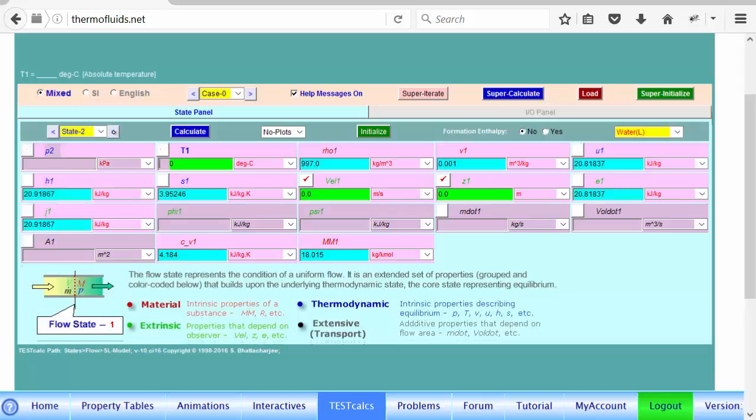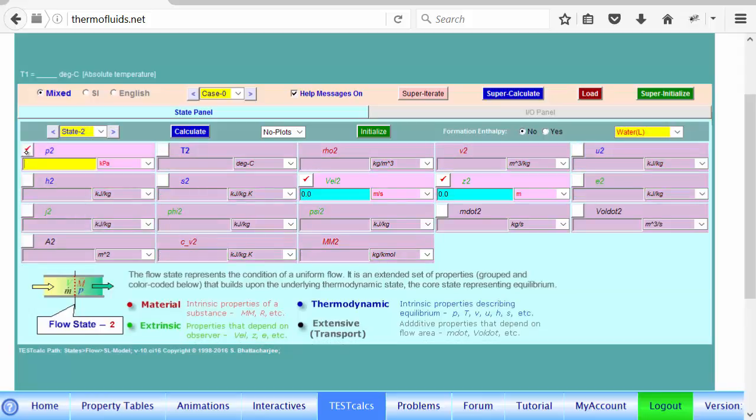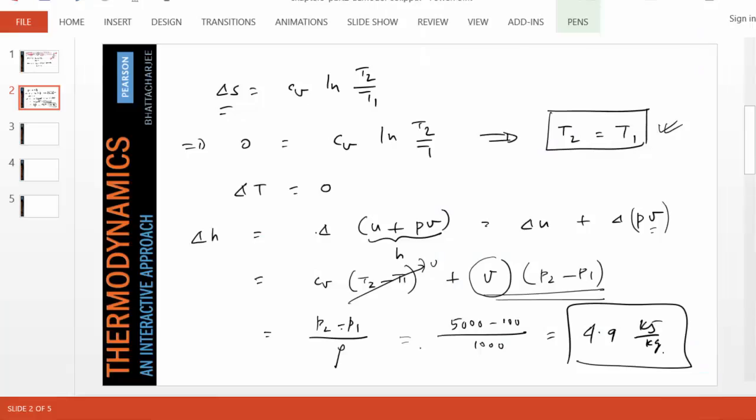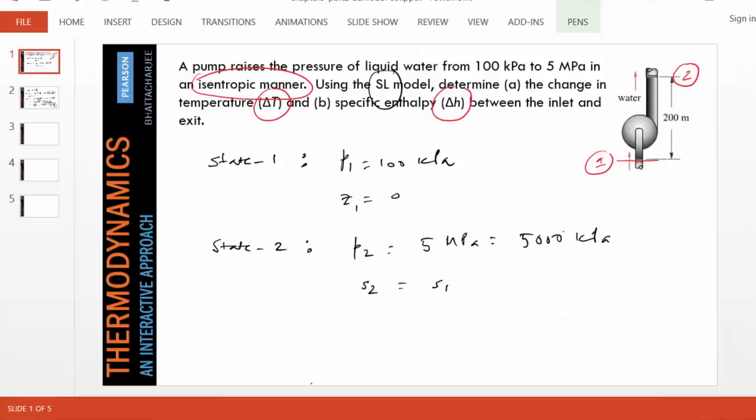Then we go to state 2, and we know the pressure to be 5000 kPa or 5 MPa, and entropy remains constant. And the pump raises height, let me see how much, by 200 meters.